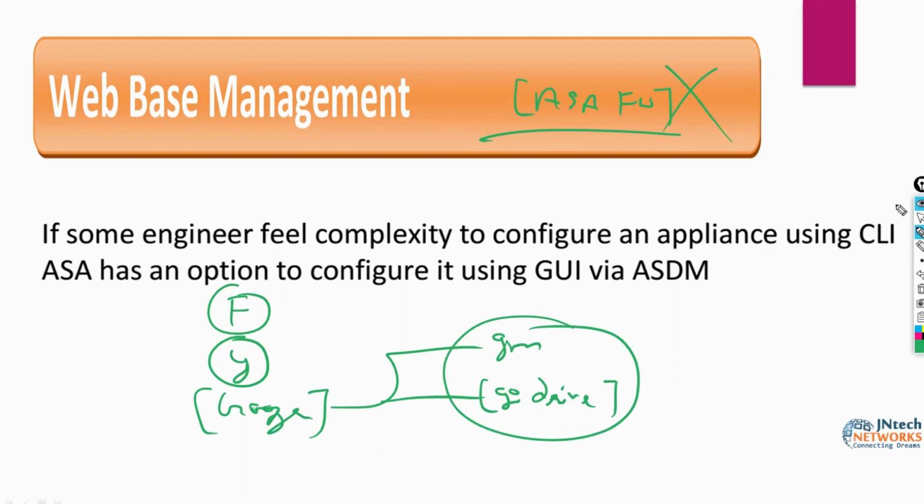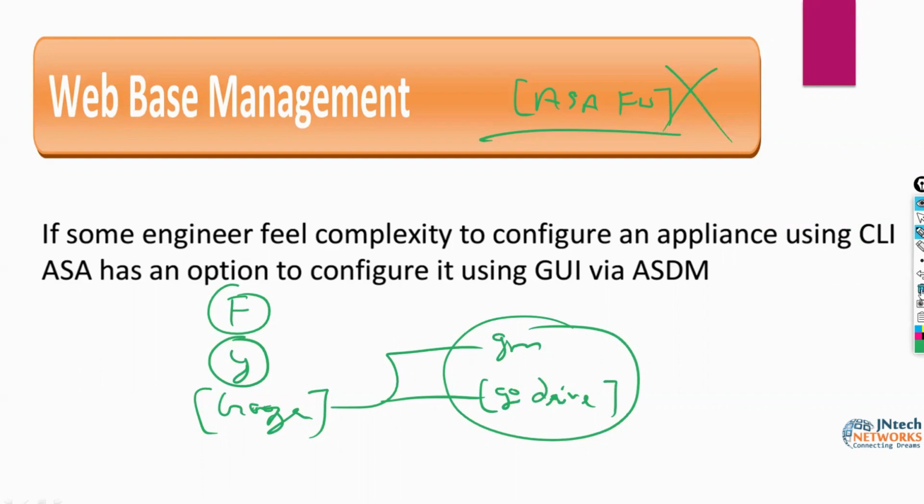Got it. And one more point: what about IPS and IDS functionality? Because I heard IPS is related to the next generation firewall. Yes. IPS is a signature based device.